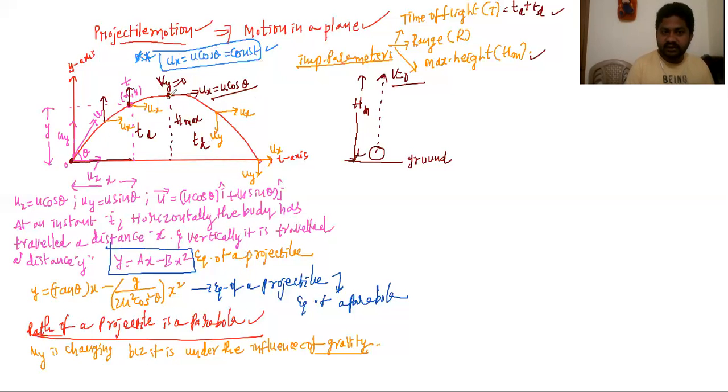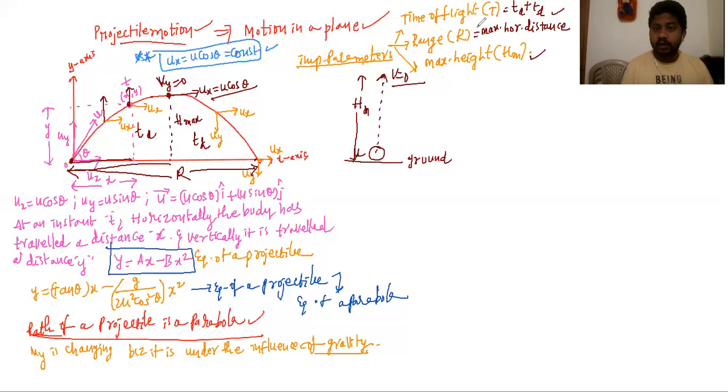The horizontal distance traveled from here to here, when the particle is here, that is called the maximum horizontal distance traveled by the body. That's called range. Fine.